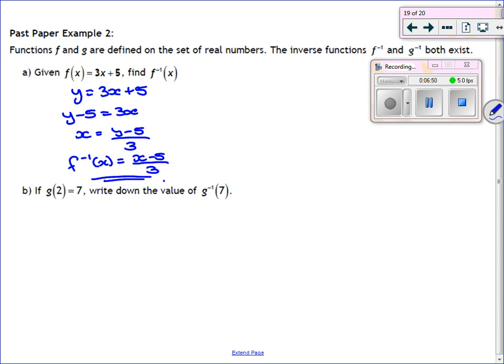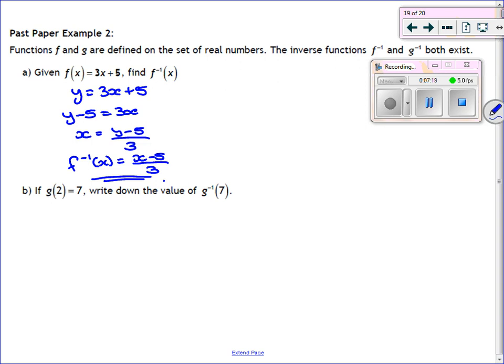Don't forget, when you do your inverse functions, you must change your x into your inverse notation and your y's back into the x's. Part B here, it says if g of 2 is equal to 7, write down the value of g to the minus 1 of 7.